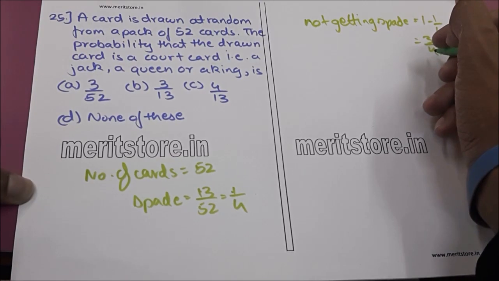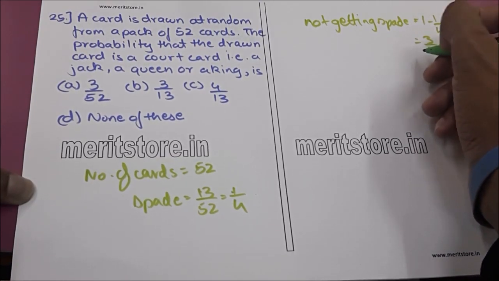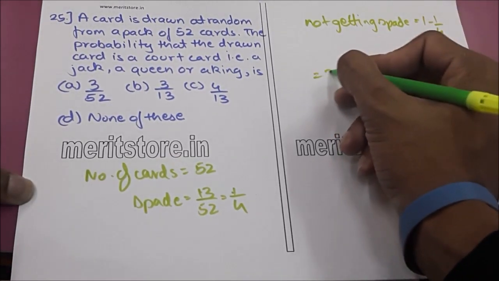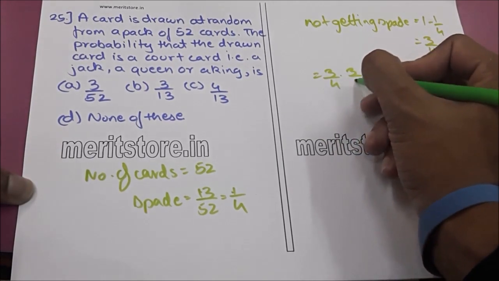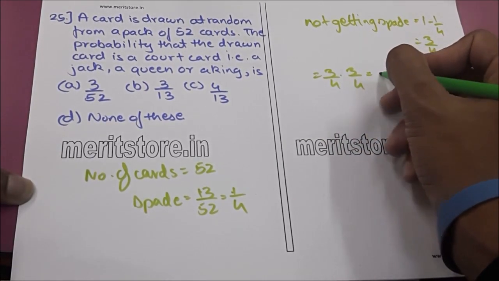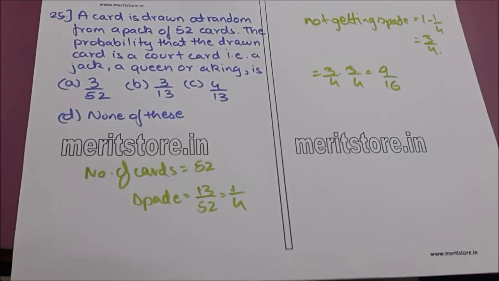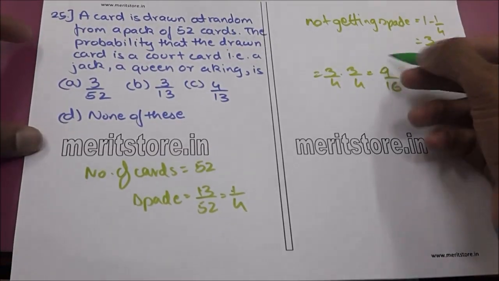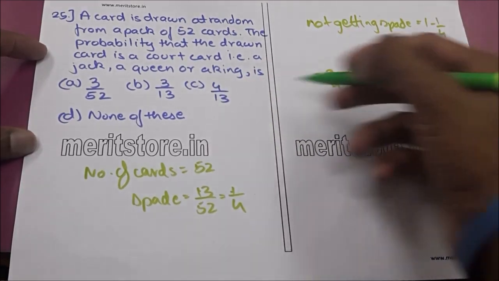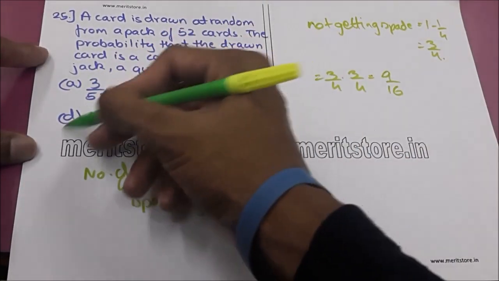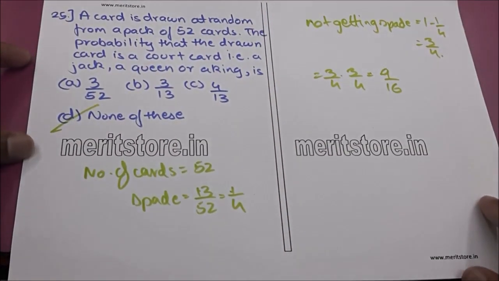So chances that the person will not get spade in the first two draws, that is 3 by 4 into 3 by 4, is equal to 9 by 16. If we compare with the options, there is no option like 9 by 16. So D is the answer, that is none of this.